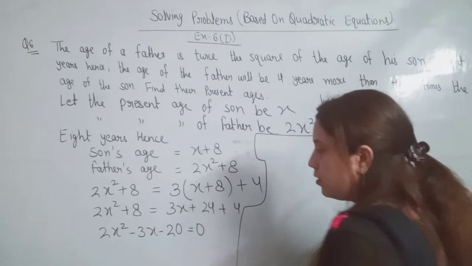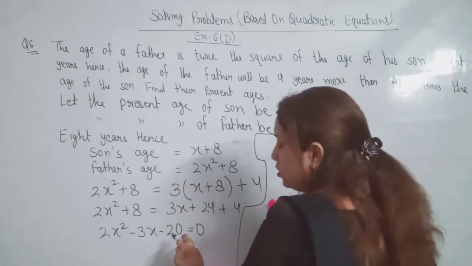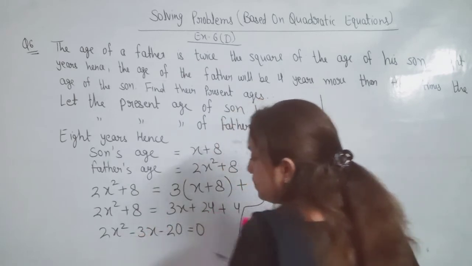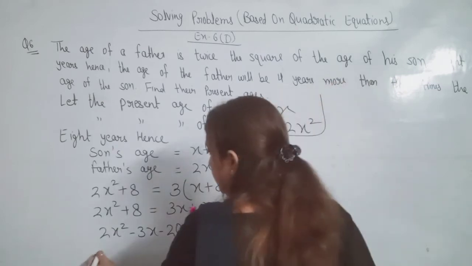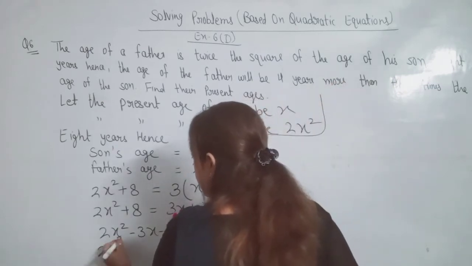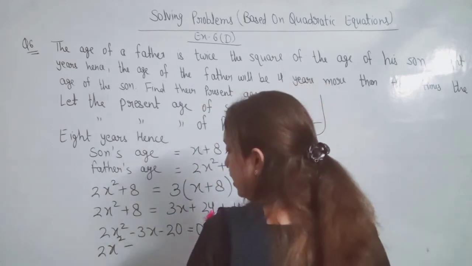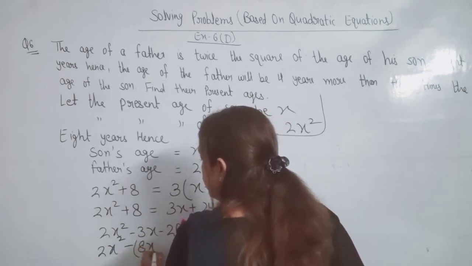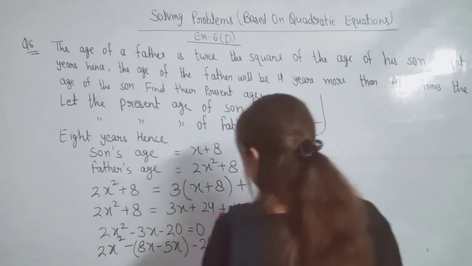Now do the factors of 40. 2 factors of 40 whose difference is 3: 8 and 5. 8 times 5 is 40 and 8 minus 5 is 3. So 2x square plus 8x minus 5x minus 20. Okay.